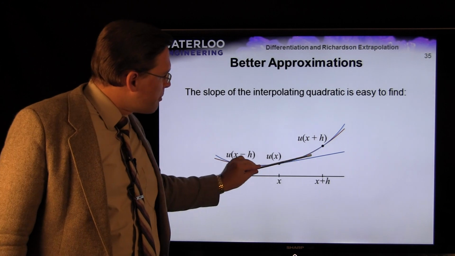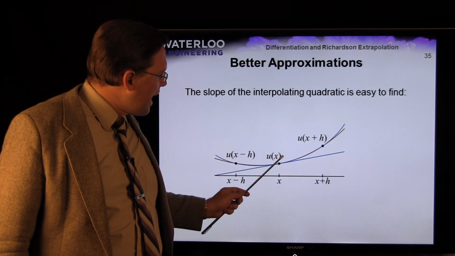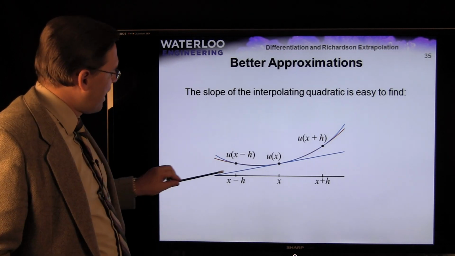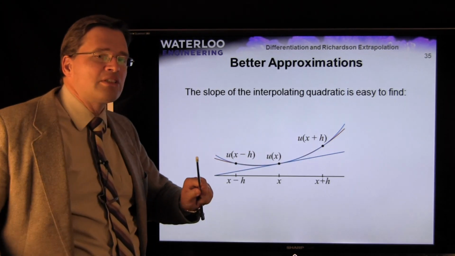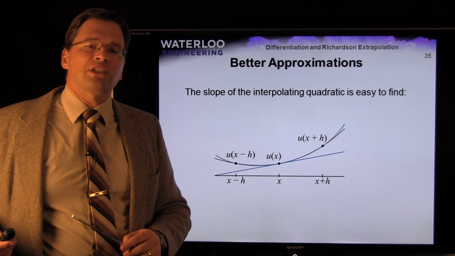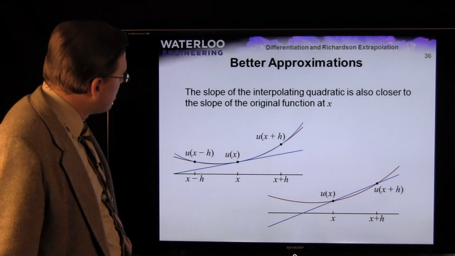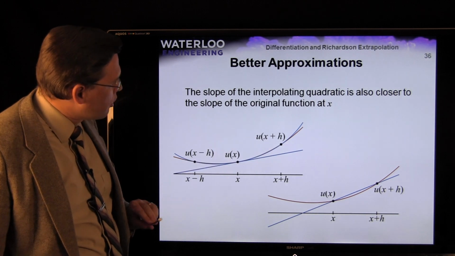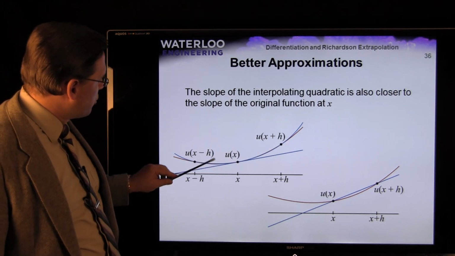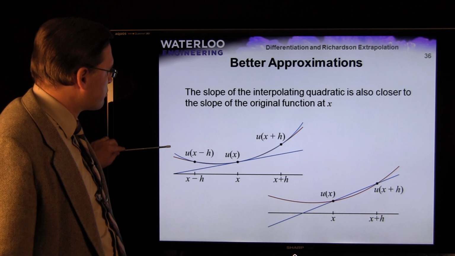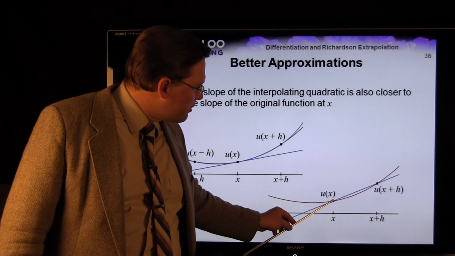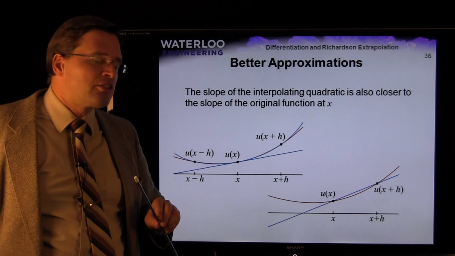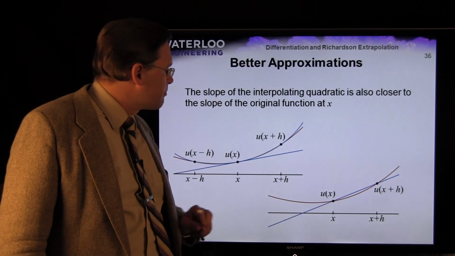If we find the slope of the interpolating quadratic at this point, well, you would think that it is actually also a good approximation to the slope of the actual function. In fact, if we look at the two, here it is more reasonable that the slope of the interpolating quadratic is going to be close to the actual derivative at that point when compared to the slope of that line that only interpolates these 2 points.